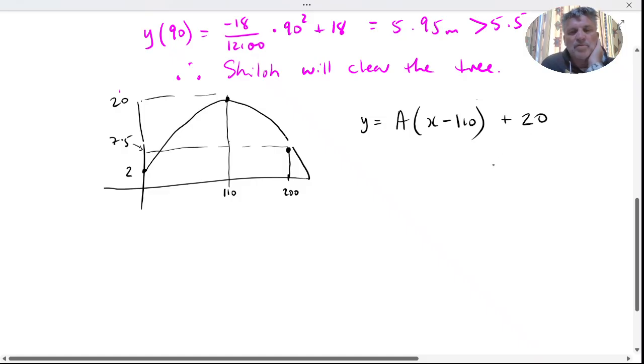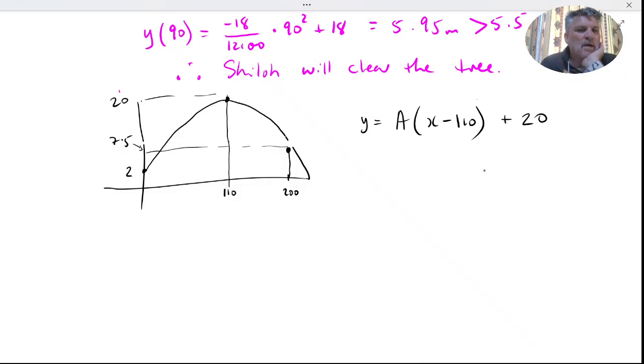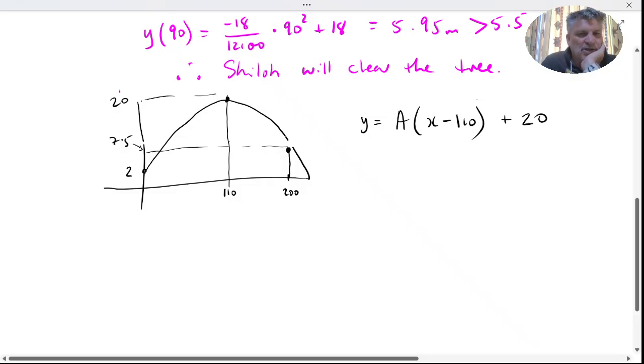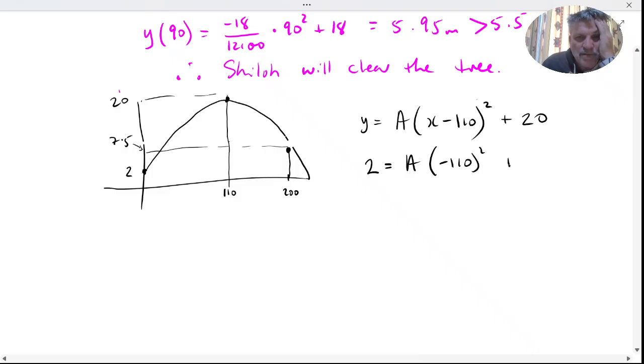And again, we have to use this point here to find a. So this point here is 2, so y is 2 when x is 0.